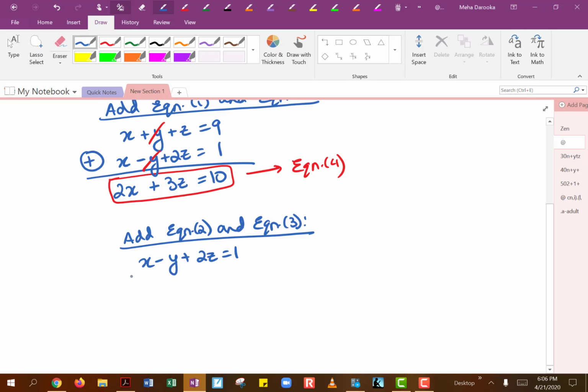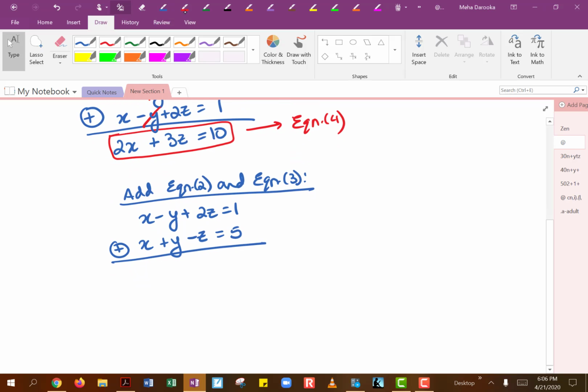Equation 3 is x plus y minus z equals 5. When we add these together, again your negative y and positive y will cancel each other out. Adding the remaining terms gives us 2x plus, doing 2z minus z, which will of course just give us 1z, and 5 plus 1 is 6. We are going to call this equation 5.